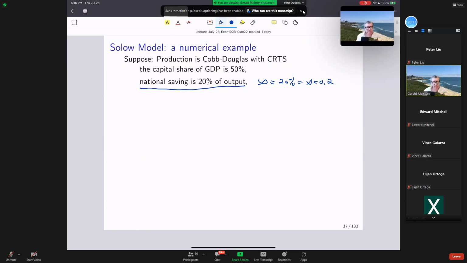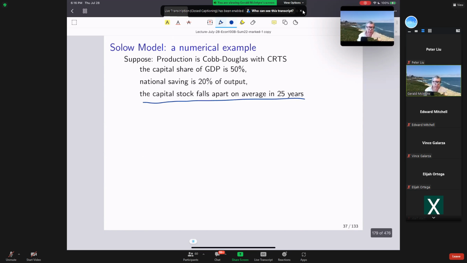Next, the capital stock falls apart on average in 25 years. What's being described here? What variable is being given here? Someone? Depreciation, that's right, Angela.